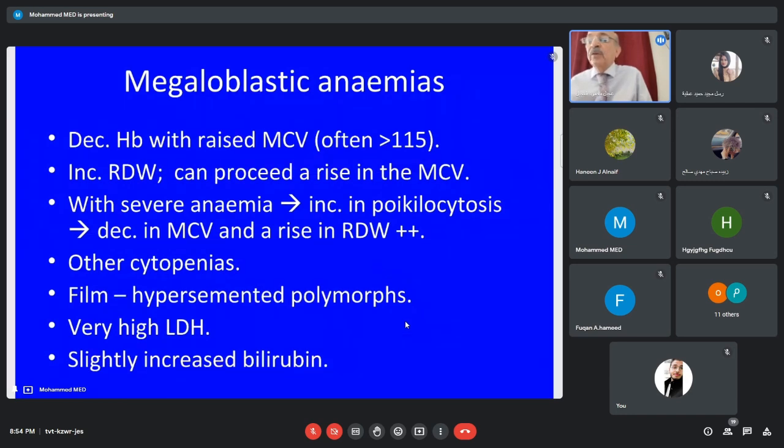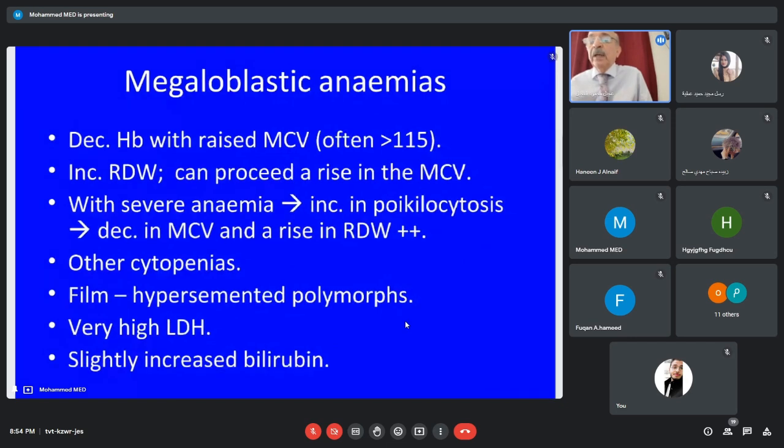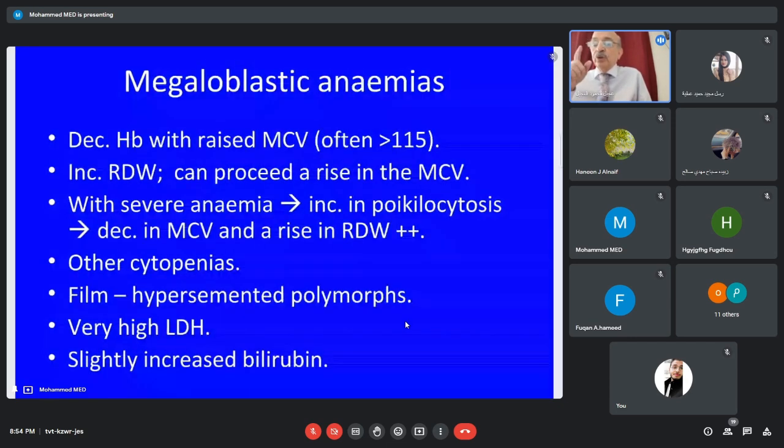With severe anemia, you can see poikilocytosis and anisocytosis, other cytopenias, hypersegmented polymorphs on the film, which we have seen earlier in the previous slide, and the LDH is high.